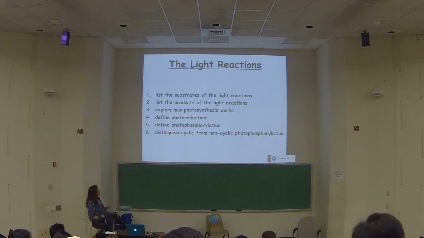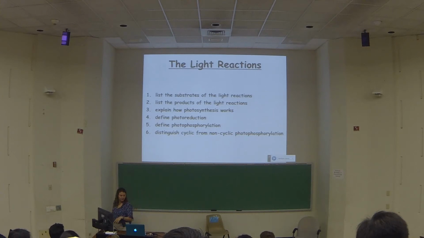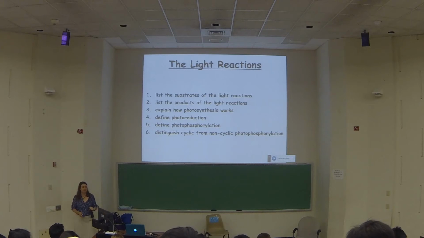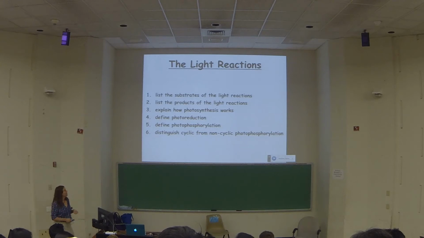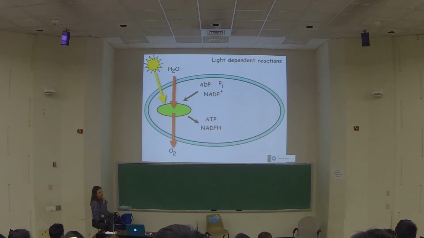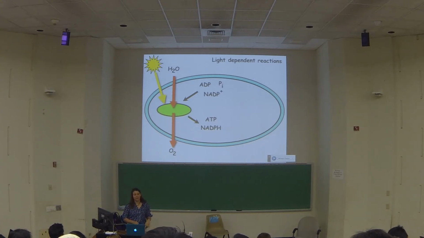I think today we'll probably only get through non-cyclic photophosphorylation. We'll see how far we get. If we don't get to cyclic, don't worry about it. Pretty straightforward: follow the electrons. Okay, so there's our scheme. This is all happening in the thylakoid. What part of the thylakoid do you think we're working at?